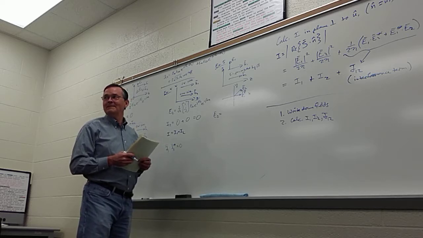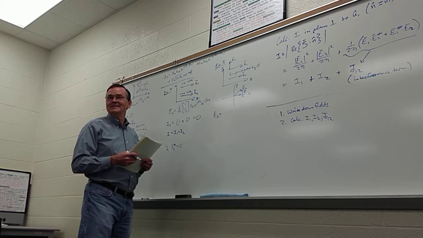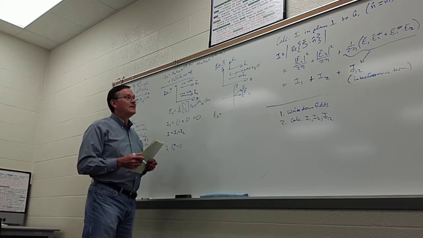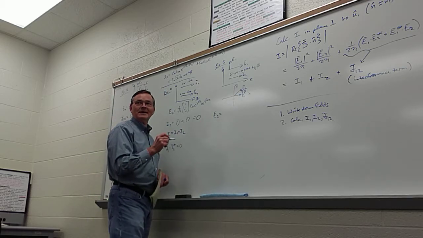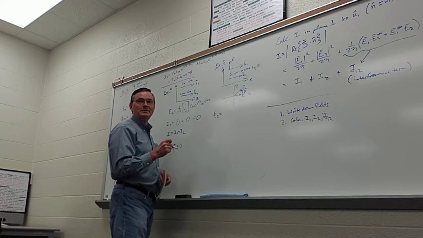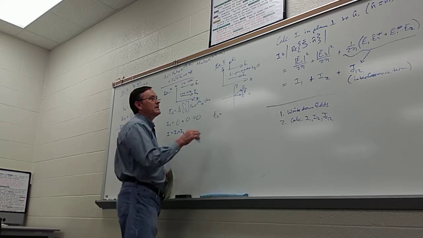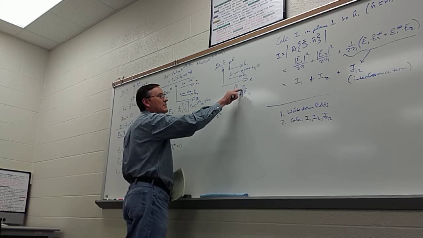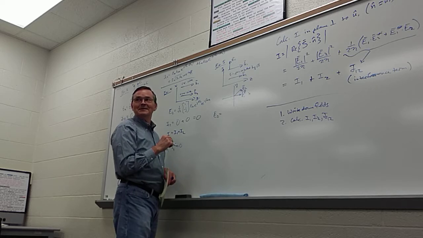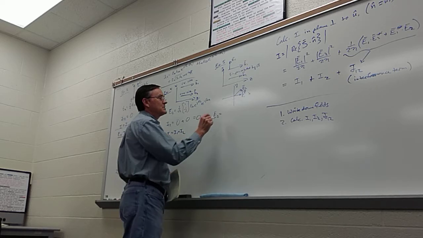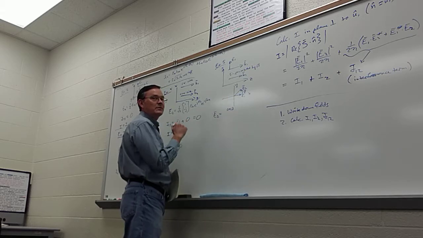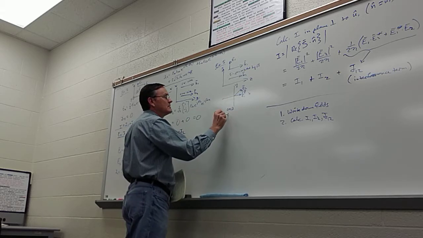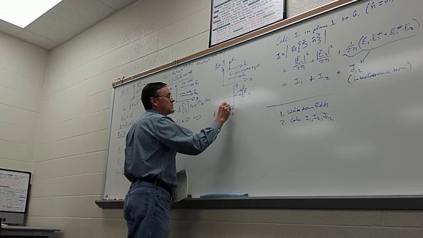Cosine minus sine, sine cosine, R of minus beta. We could do all that, but in the end, what's the X component of this? Cosine of beta. What's the Y component of that? Sine beta. There's our polarization state.